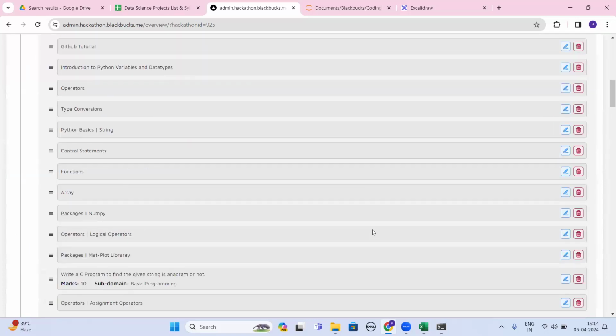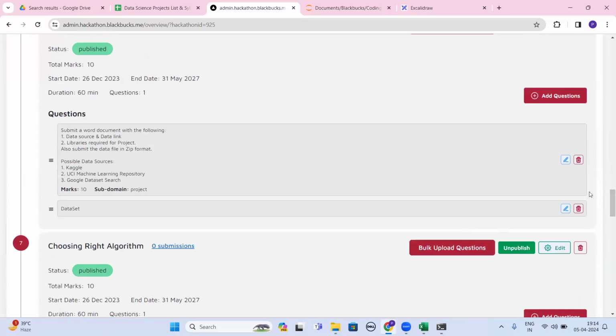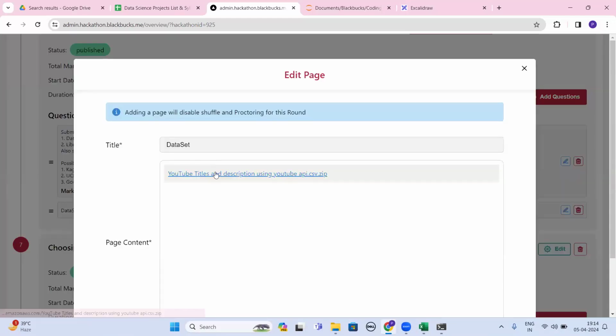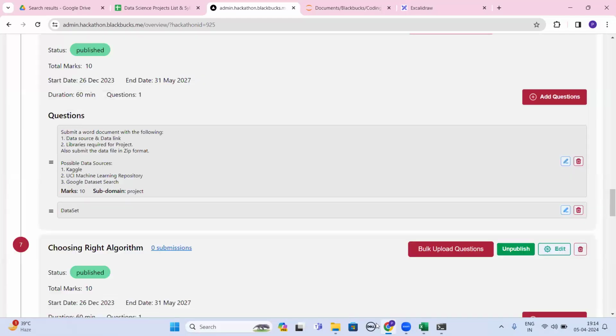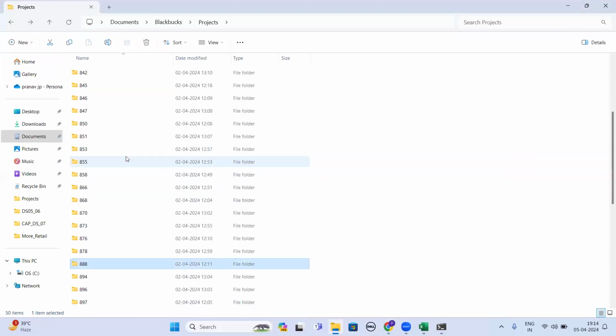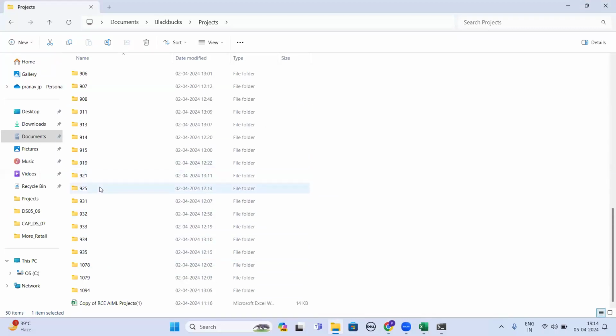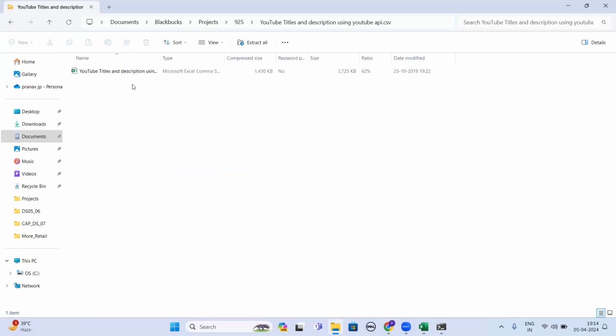And the data for this 925 is on, okay, it's a zip data set. So I think I will have it 925, right? So it's basically this Excel data set. It's like a really big data over here. It will take some time to open up this data.